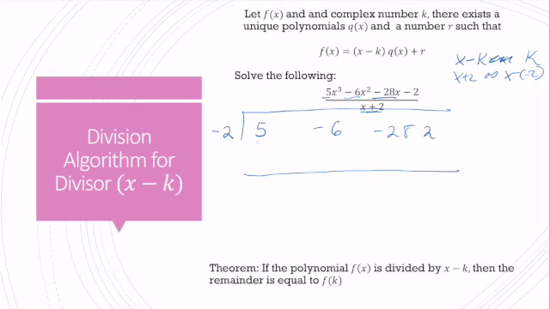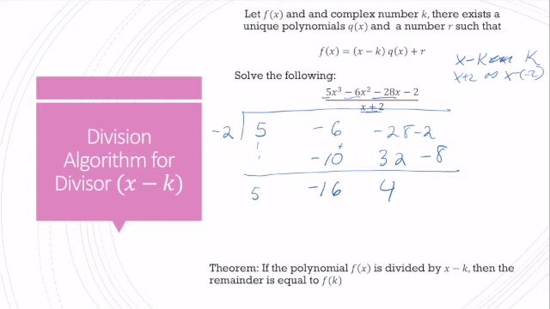I'm going to go ahead and pull down this 5. -2 times 5 is -10. -6 plus -10 is -16. -2 times -16 is 32. And -28 plus 32 is 4. -2 times 4 is -8.